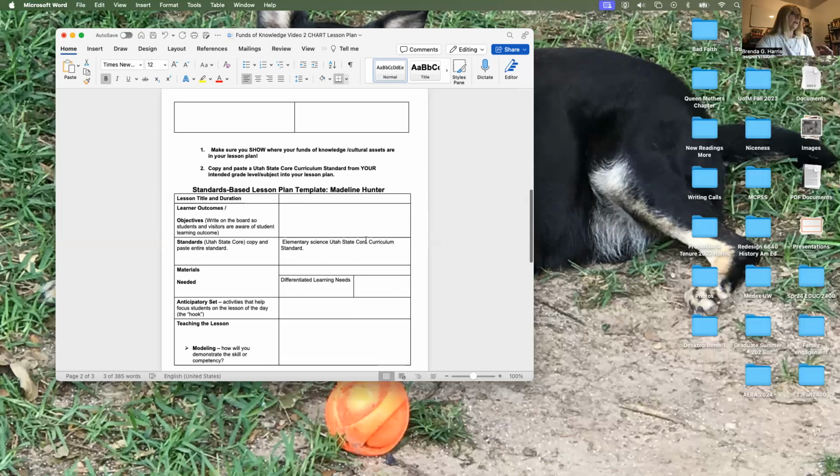Okay, and then it's going to be a science lesson. So whenever you're teaching a lesson, if any parent, any administrator, any other teacher comes up to you and says, well, why are you teaching that? You can say, well, because it comes from the Utah State core curriculum, and I am working on standard X. I'm a third grade teacher, so I have to teach the third grade standards for science, and this is one of the standards.